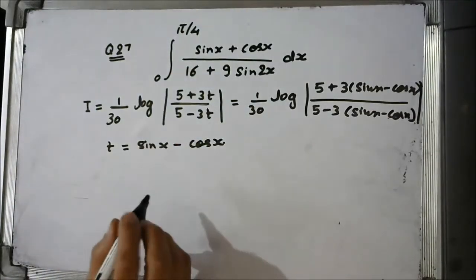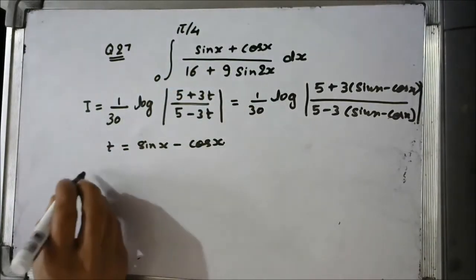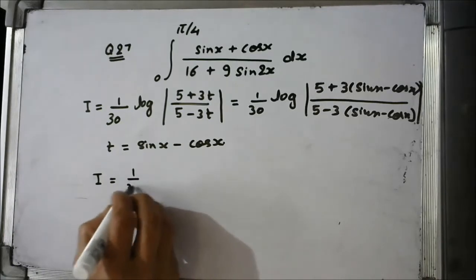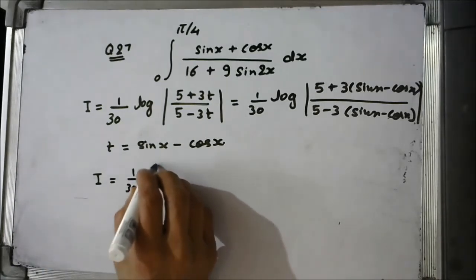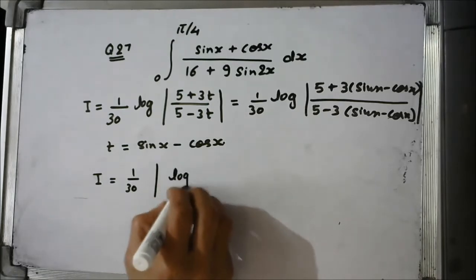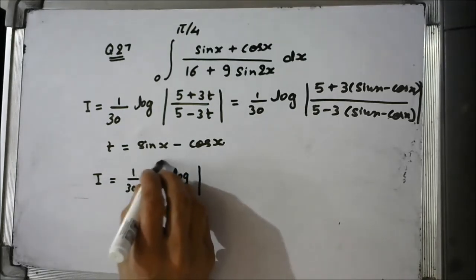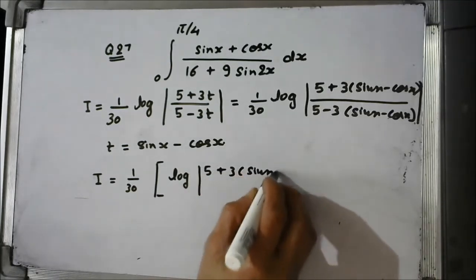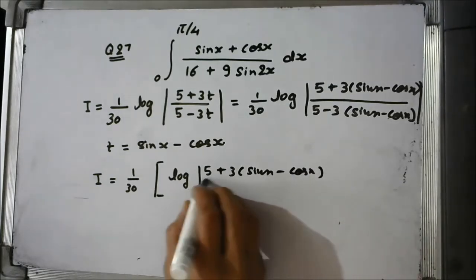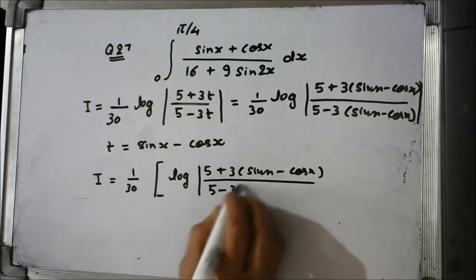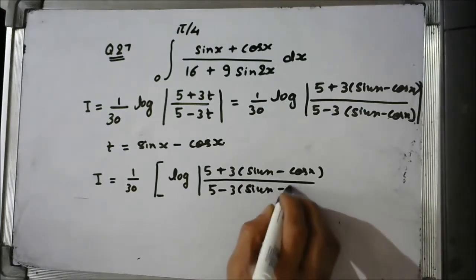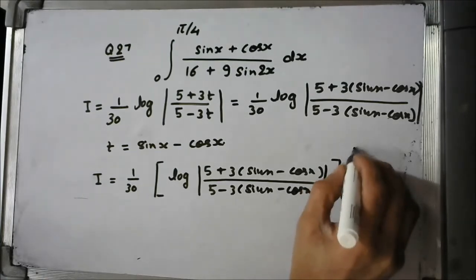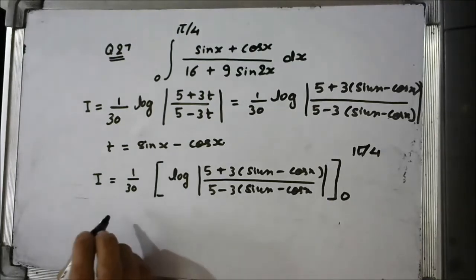So going back to the original integral, our answer for the integral with limits will be 1 upon 30, with x varying from 0 to pi by 4.